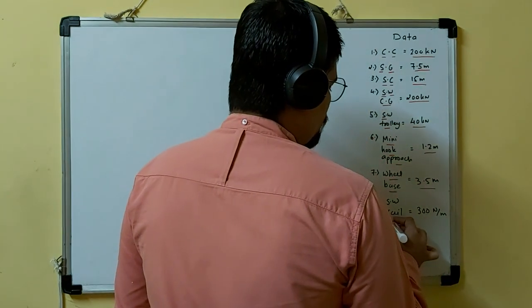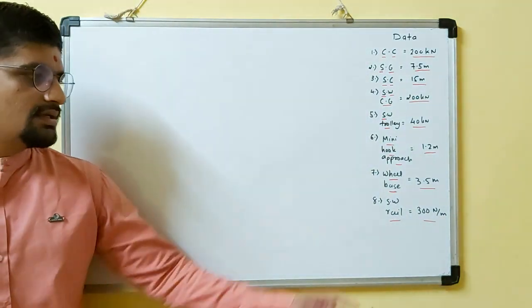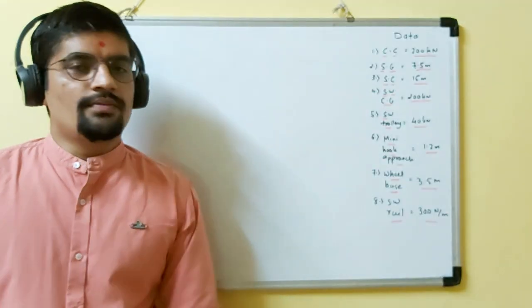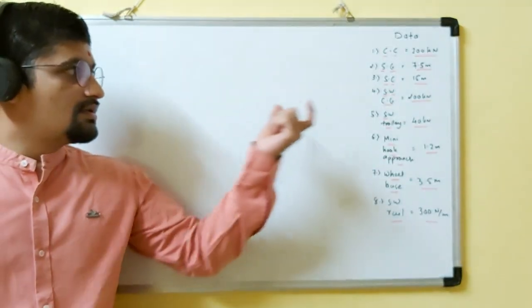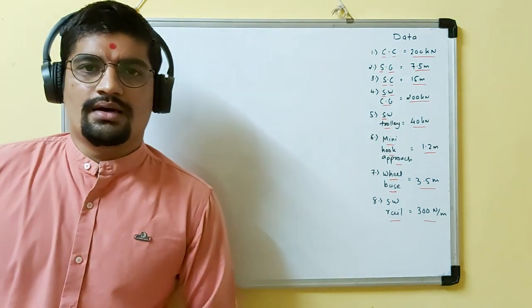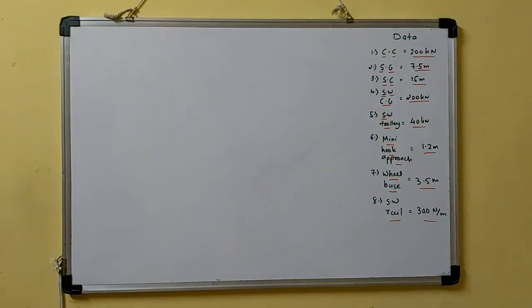And the self weight of rail section, the rail section we will put on the gantry girder, is 300 Newton per meter. These are all the data given in the question. We need to design a section for the gantry girder. So let's start with an example.